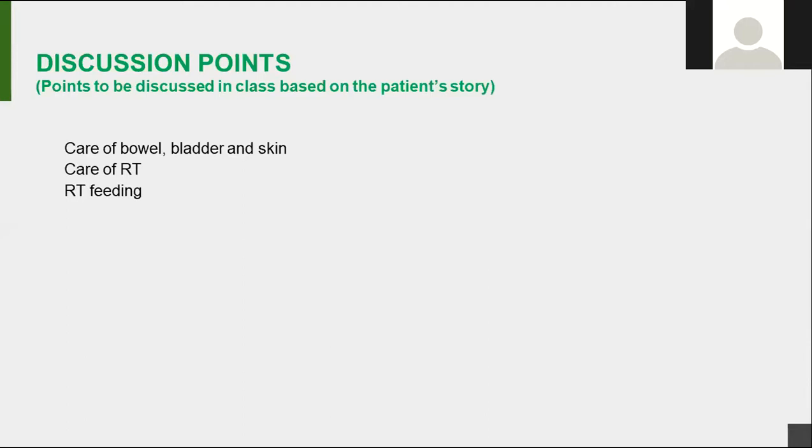And position: the patient should be in a semi-recumbent position, at least 30-degree head elevation is a must. Otherwise, after the feed, when the patient regurgitates, the stomach contents will be aspirated and the patient will develop aspiration pneumonia. So the position is very, very important.